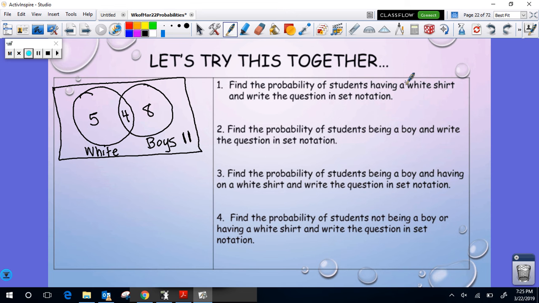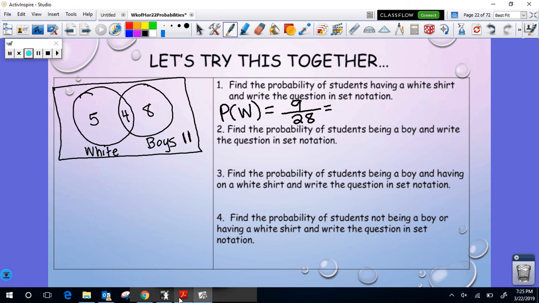Alright, so it says find the probability of students having a white shirt and write that in set notation. So the probability of a white shirt, this is called the set notation, equals, I have 28 people in all. So I look here to see how many people have on white shirts. So I have 5 plus 4, that becomes 9 over 28.